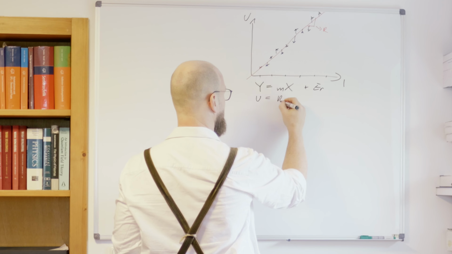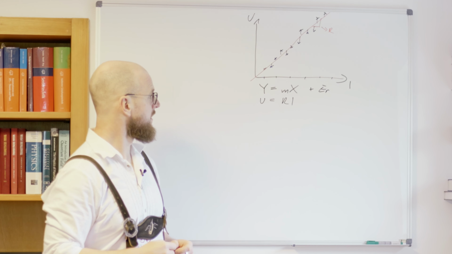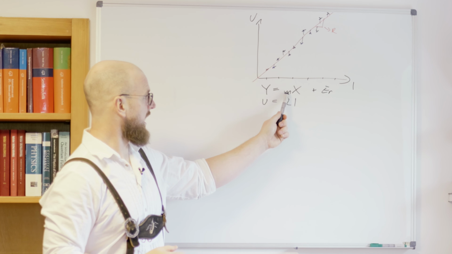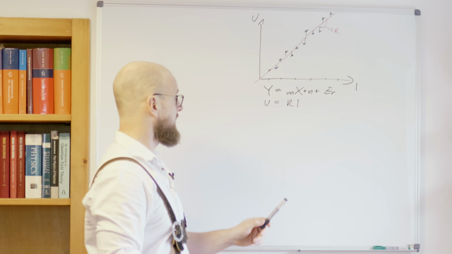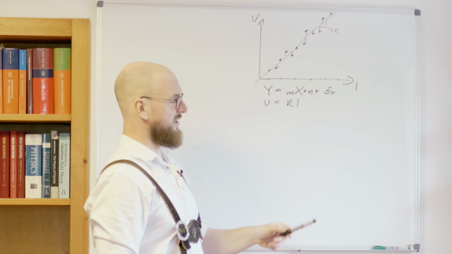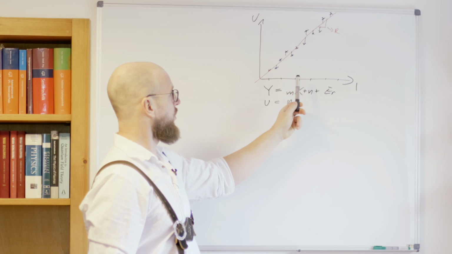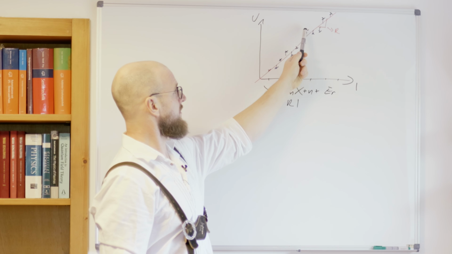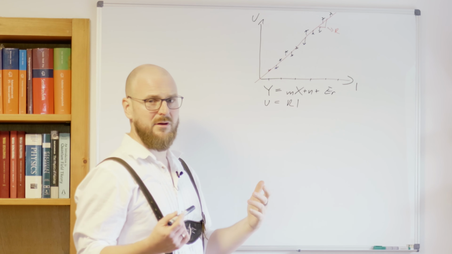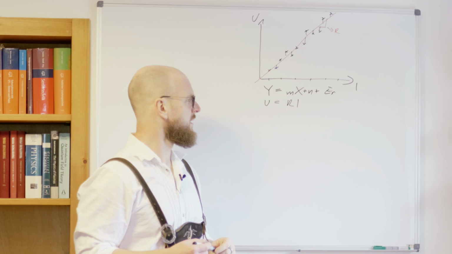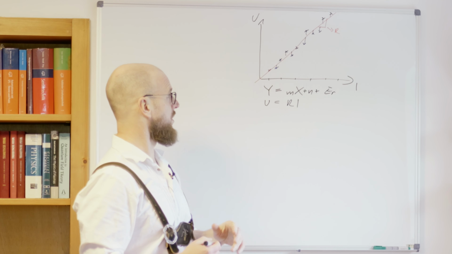In this respect, that's u equals R times I. Okay, and now we want to find m, n, an offset, and want to get some idea of that error. That error is nothing more than the single errors of each measurement summed up. But let's get some more deeper into the mathematical facts so we get a better idea of what we need to do to solve that problem.